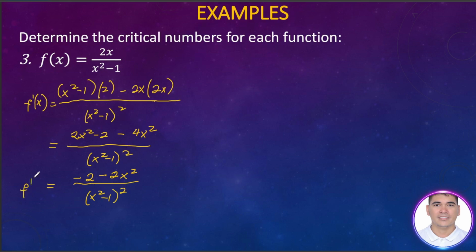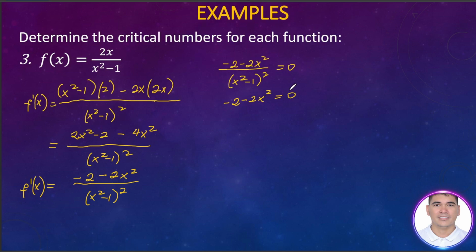That is our derivative. So equate natin sa 0. Negative 2 minus 2x squared all over the square of x squared minus 1 equals 0. So the result is negative 2 minus 2x squared equals 0.